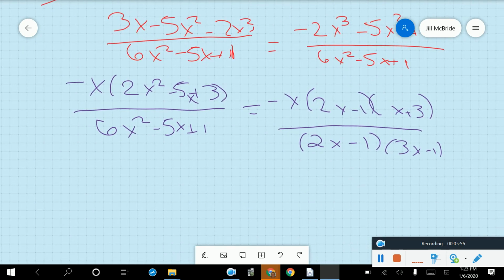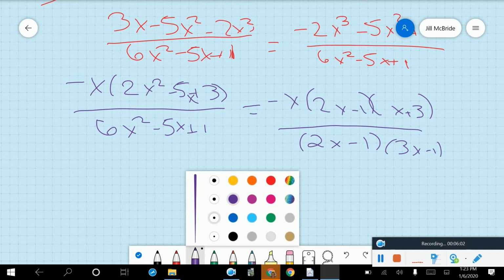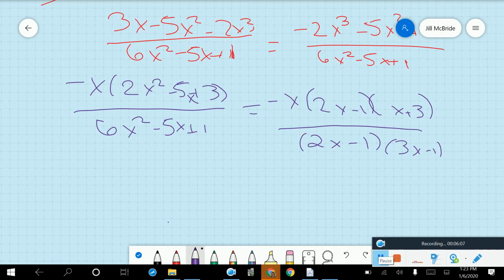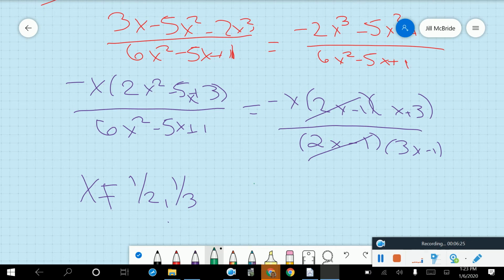Now that I'm in completely factored form, I know that x cannot equal 1/2 and 1/3. Now I'm ready to reduce my fractions. This 2x minus 1 can cancel with the 2x minus 1, and nothing else cancels. So my reduced fraction is negative x times x plus 3 over 3x minus 1.